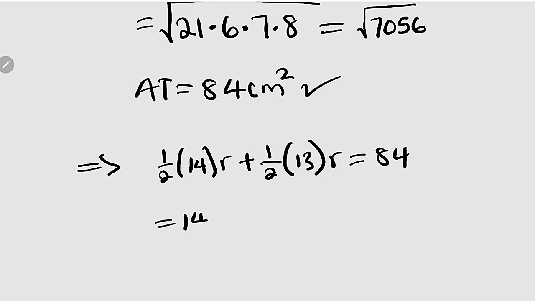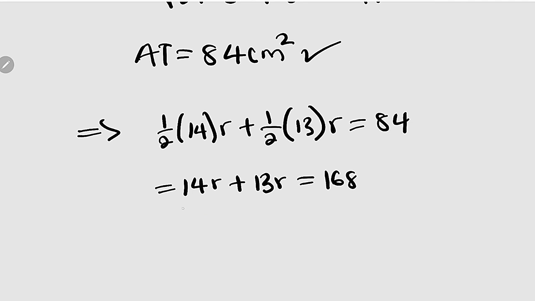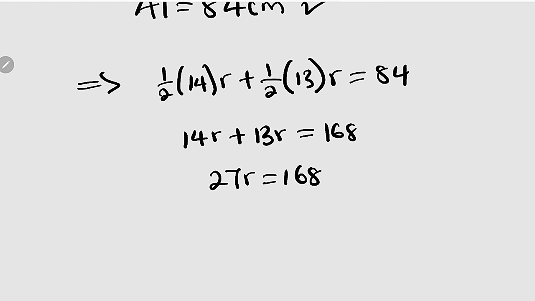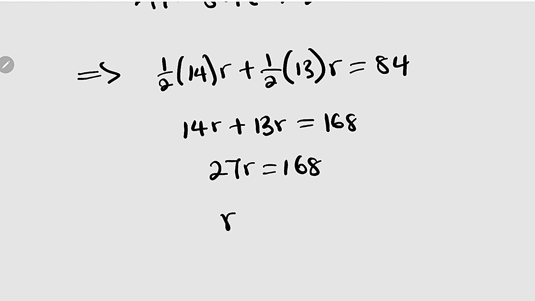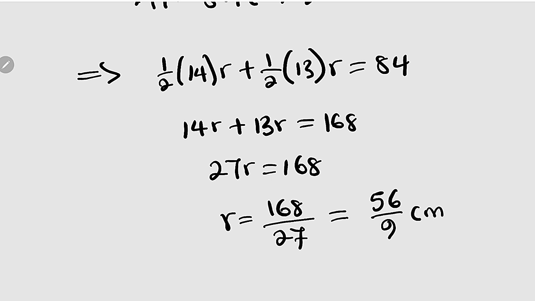So this will be 14r plus 13r equals 84 times 2, which gives us 168. The left hand side, if you add these two together, you get 27r. So we have 27r equals 168. You divide both sides by 27, so r is equal to 168 divided by 27. And in simplest form this is equal to 56 divided by 9, if you divide the top and the bottom by 3. And hence, this is the radius of that semicircle.